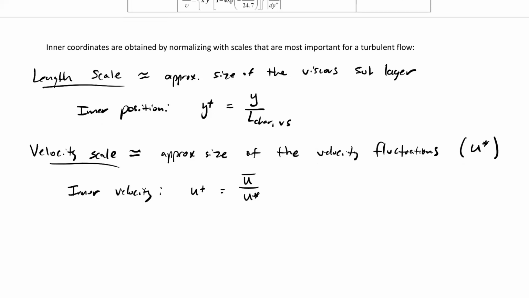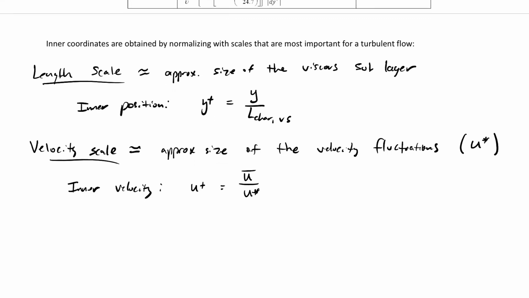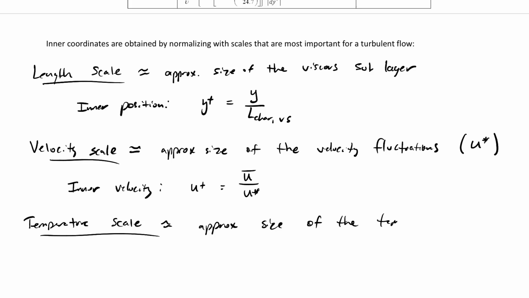The last thing, on the energy side, is the temperature scale. The temperature scale is the approximate size of the temperature fluctuations, and the temperature fluctuations are denoted T star.